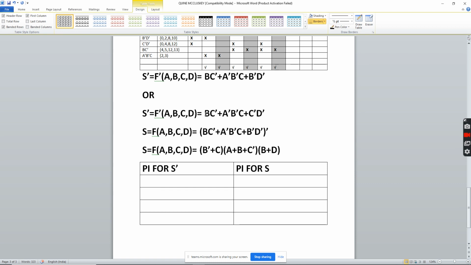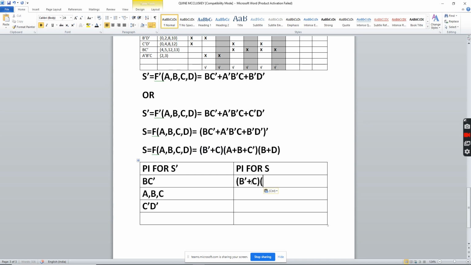I will write all the terms here: BC bar, A bar B bar C, and the last one will be C bar D bar. Here I will be writing these terms. So this should be your final table.